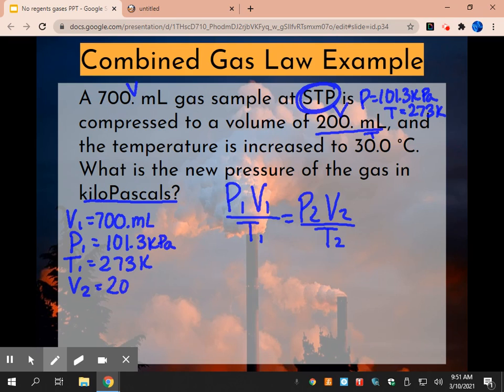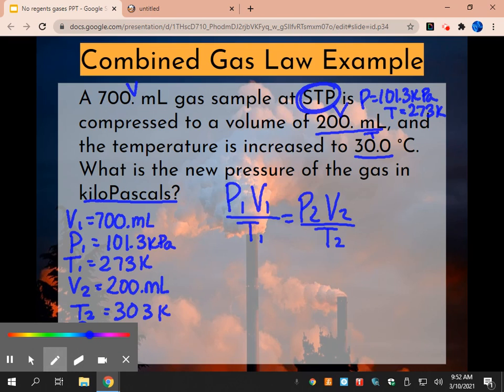It's at 200 milliliters. It says that our temperature is increased to 30 degrees Celsius. So I'm going to change that 30 degrees Celsius into Kelvin. So our T2 is 303 Kelvin. So it went from 273 to 303. And it wants to know what our P2 is, so that's our question mark.